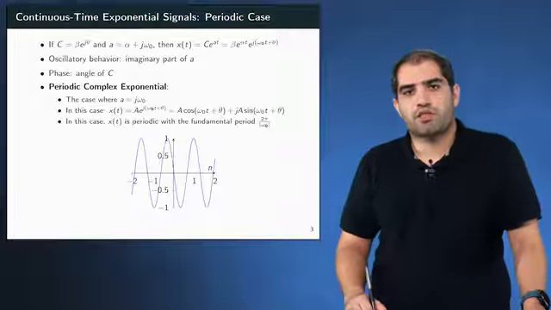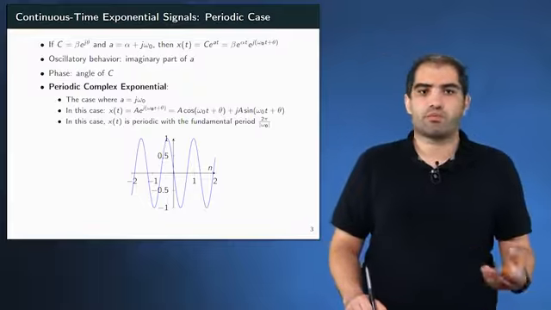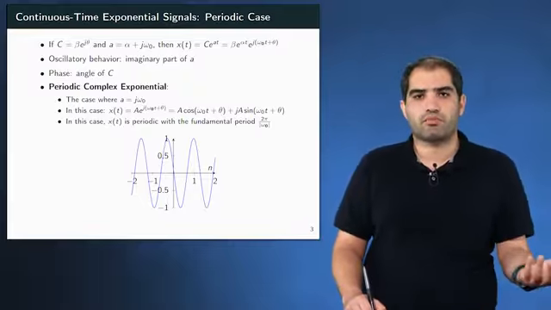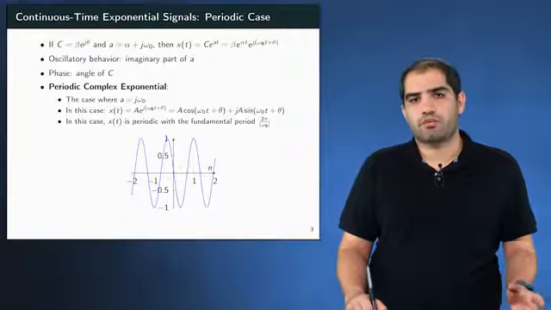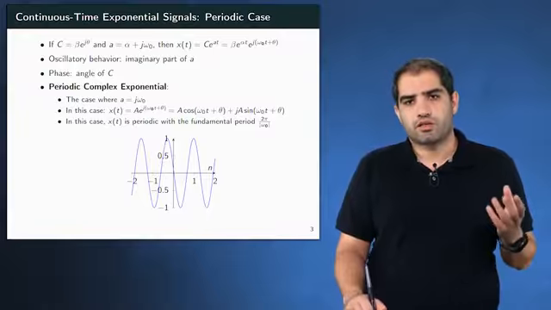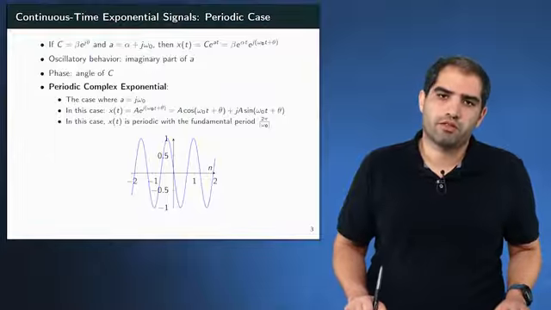And in this case, we're dealing with a periodic signal, and the fundamental period, as you've learned from the previous lectures, is going to be 2 pi over the absolute value of omega naught.